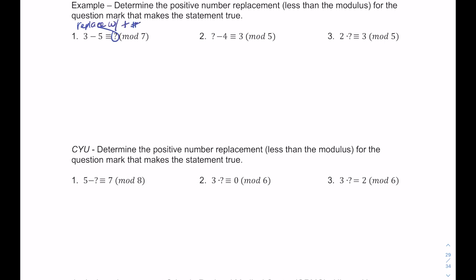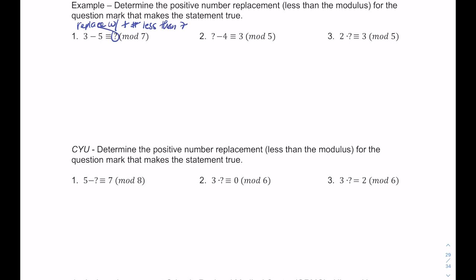So replace with a positive number less than 7, and so on. Here we would replace with a positive number less than 5, and here we would also replace with a positive number less than 5. Okay, so 3 minus 5 equals question mark mod 7.